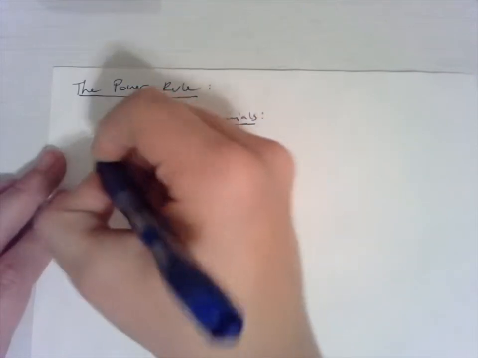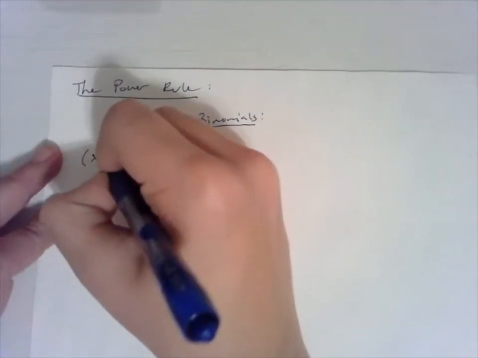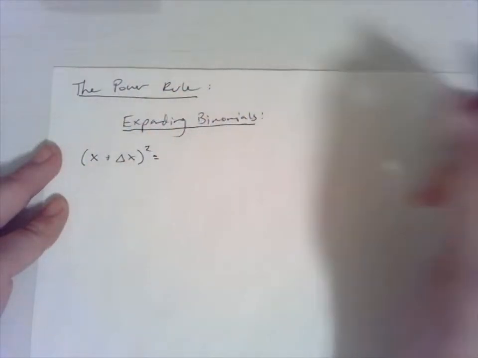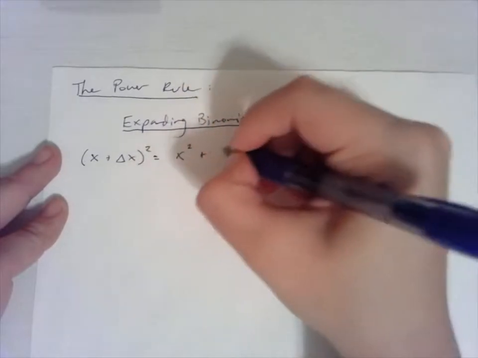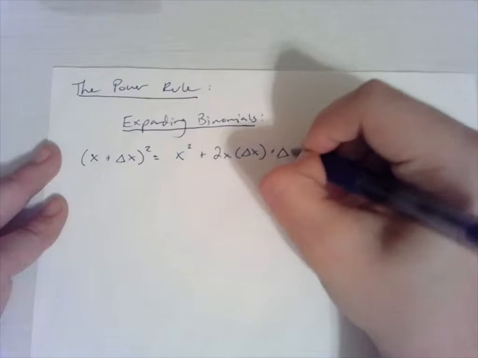So, say we were to have x plus change of x squared. Well, we could expand that out as x squared plus 2x times the change of x plus change of x squared.